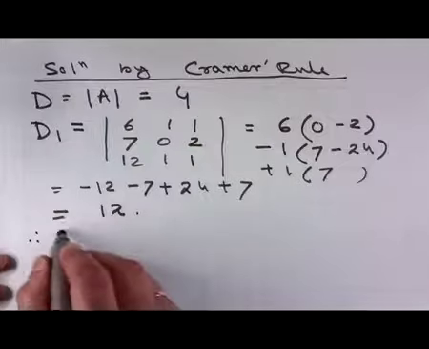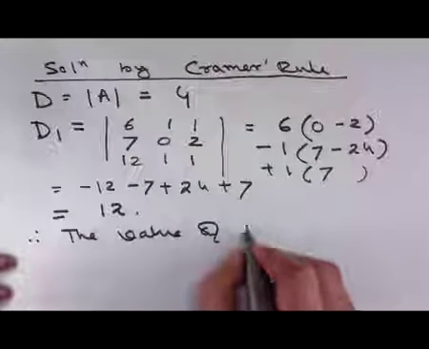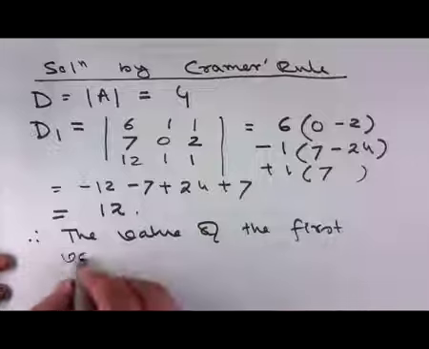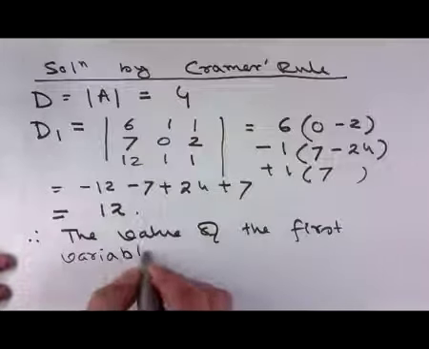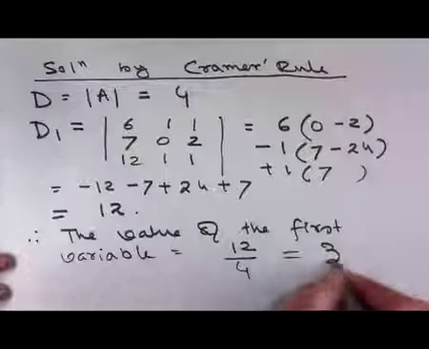Therefore, the value of the first variable is equal to 12 upon 4 is equal to 3.